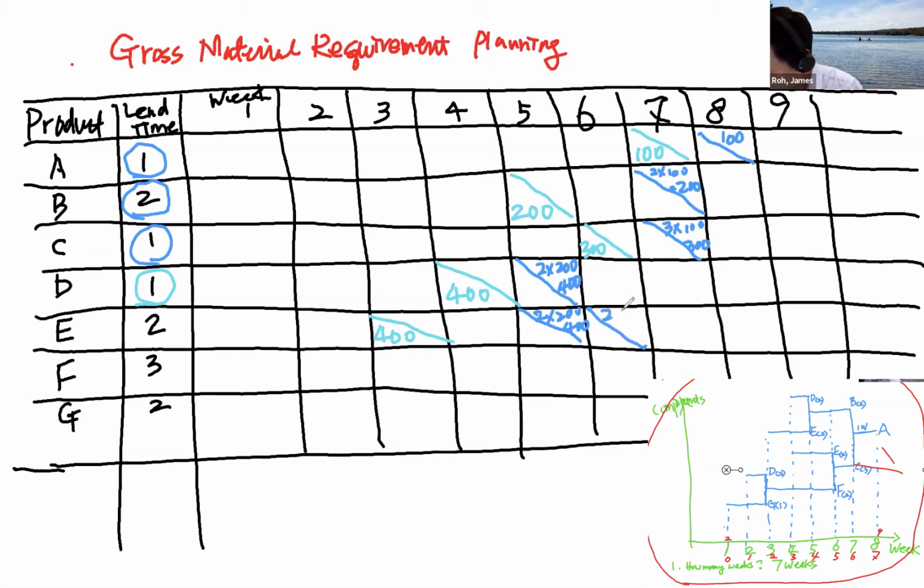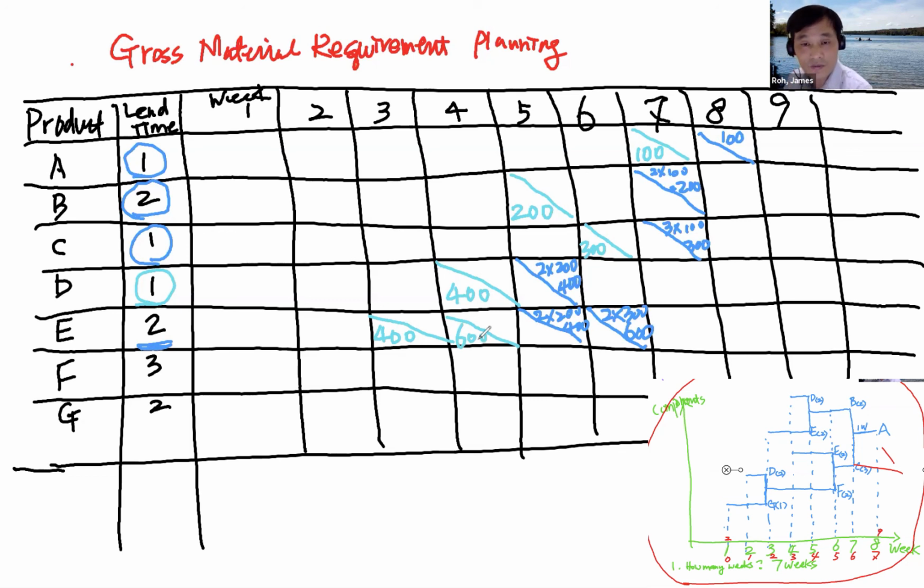So 2 times, and then C, 300 of them are required. So 300, so that's 600. So we need 600 E's at week 6, and it takes 2 weeks for that. So 1, 2 weeks go behind. And at that time you have to order it. So 600 has to come over here.